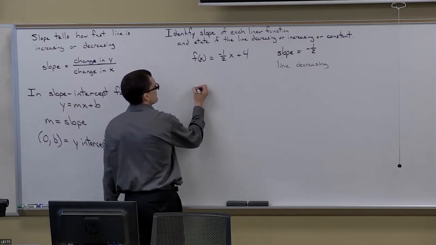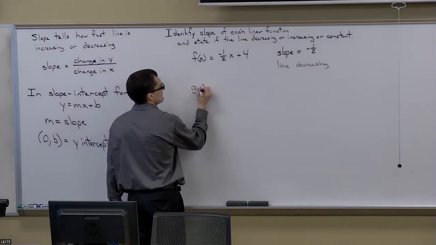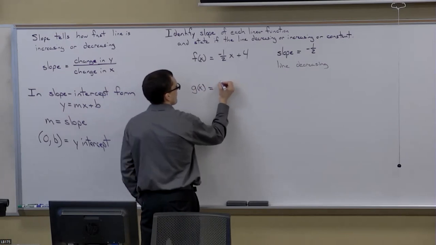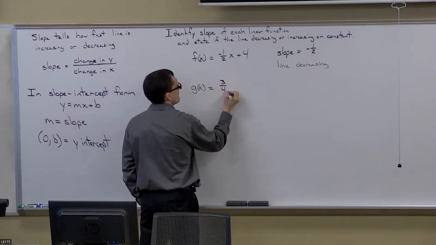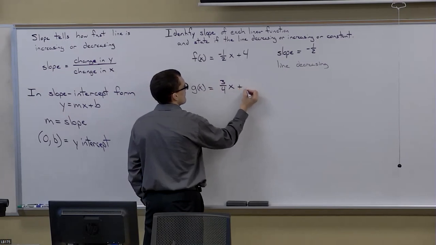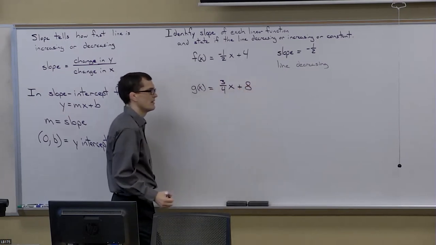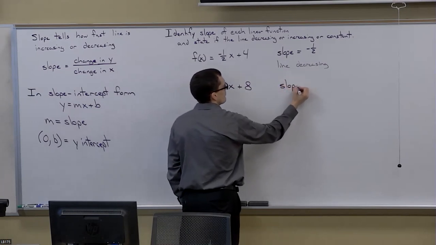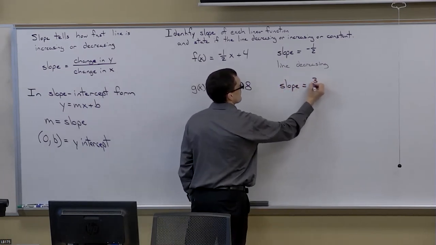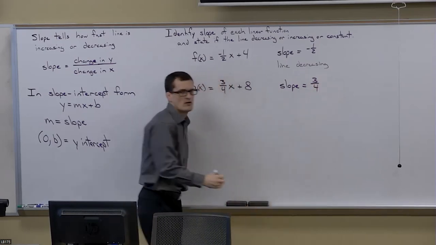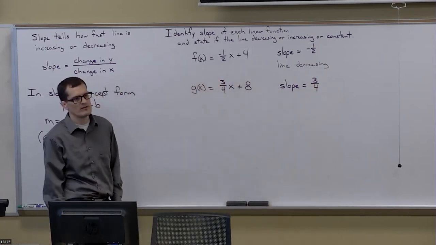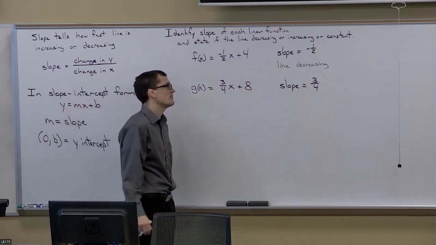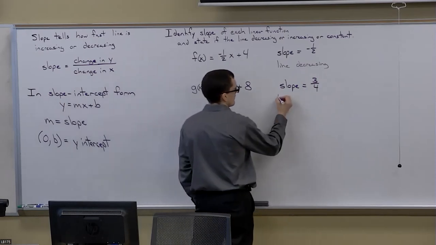Let's do another, g of x equals 3/4 x plus 8. Well, in this case, the slope is simply 3/4, or again, type 0.75 in the Moodle. And because it's positive, the line is increasing.